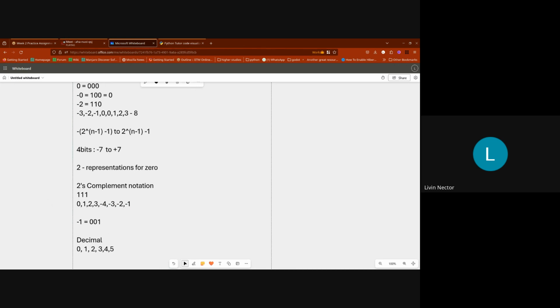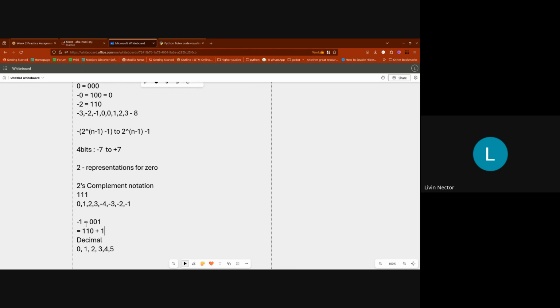To find the 2's complement, we should invert the bits. Inverting means changing 1 to 0 and 0 to 1. So I convert 0, 0, 1 to 1, 1, 0. And then I add 1 to it.